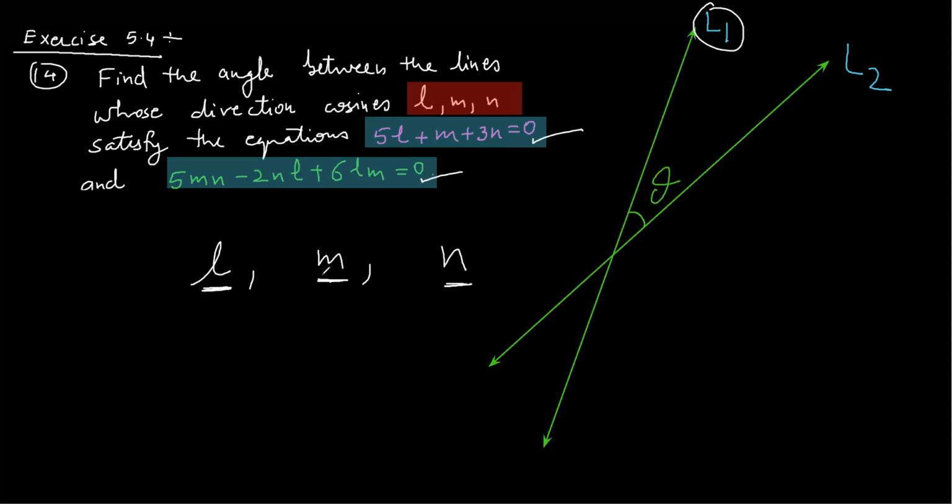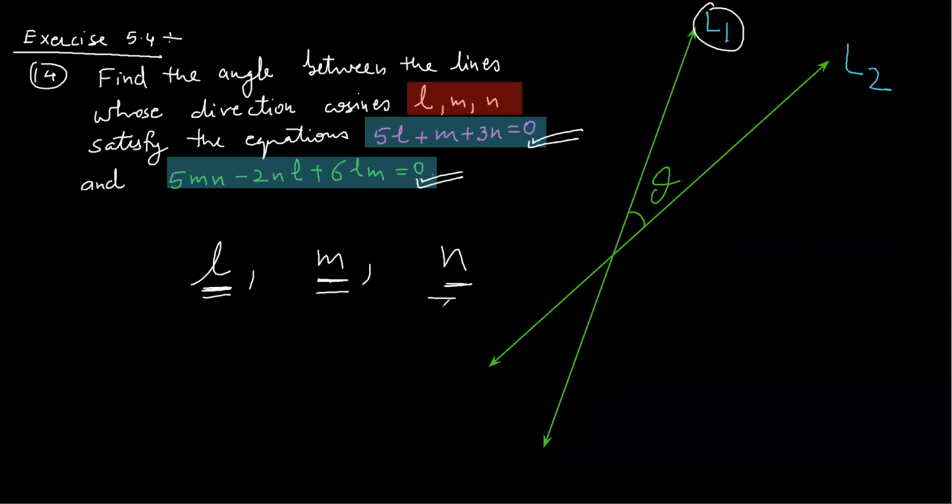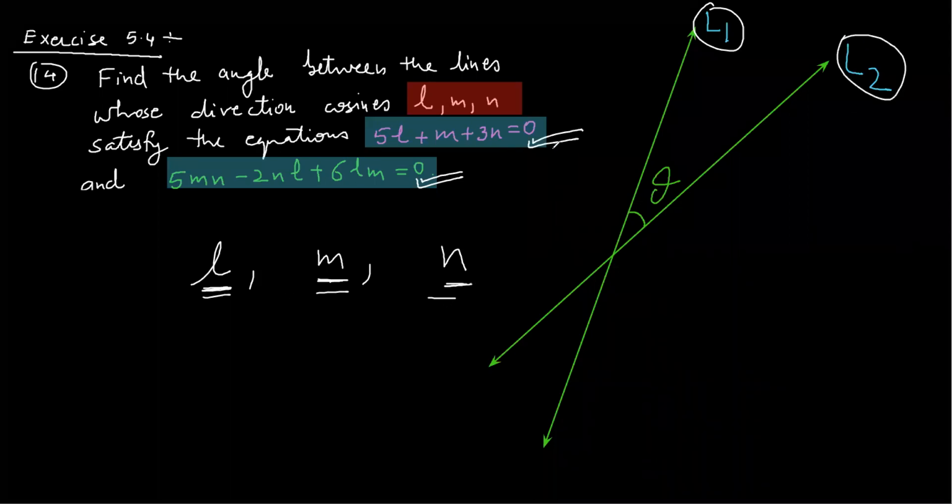When you get L, M, N for line L1, it will satisfy these two equations. Likewise, when you get L, M, N, which will definitely be different LMN for L2, that will also satisfy the first equation and second equation.